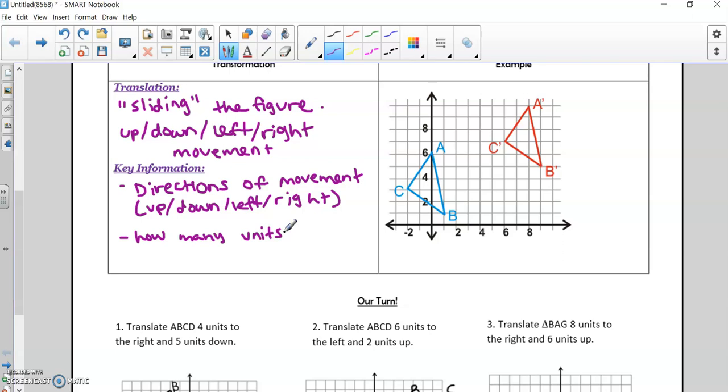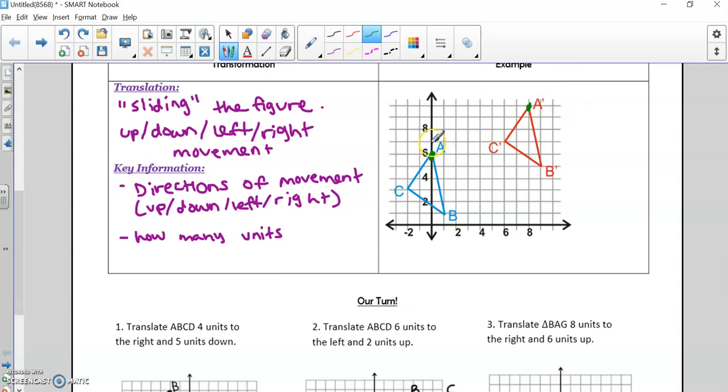So, in this example that I have for you, the first one, the original, it's called the pre-image, is the blue one. And the reason we know that this is the original is because there's no apostrophe like there is on the red one. So what we need to figure out is, how did we move the blue one to achieve the red one? So if you look at the two A's, right? A, and this is called A prime.